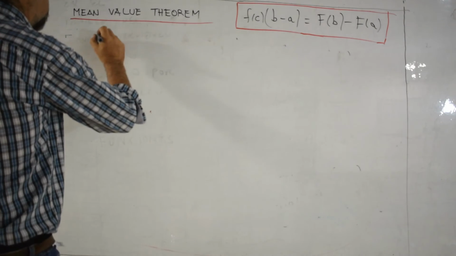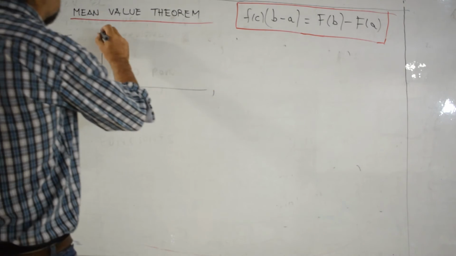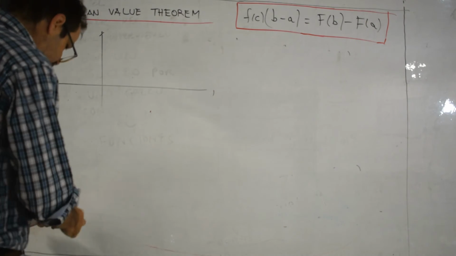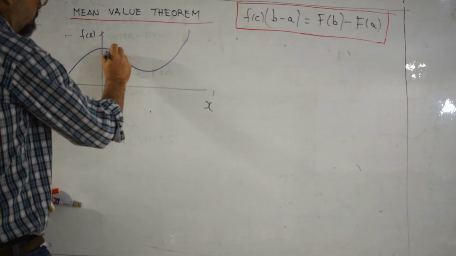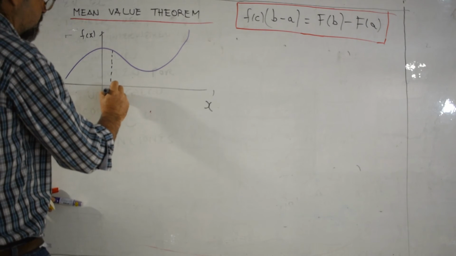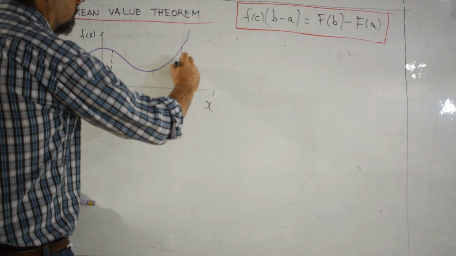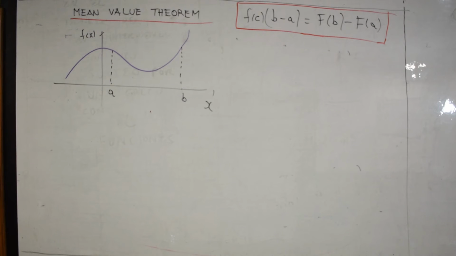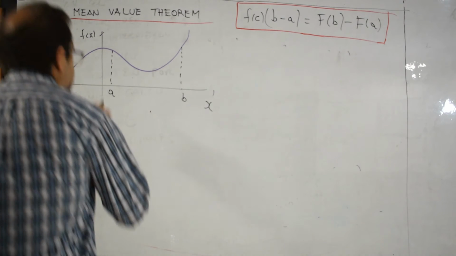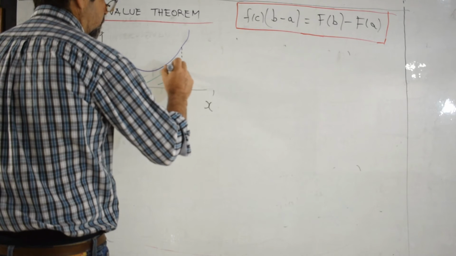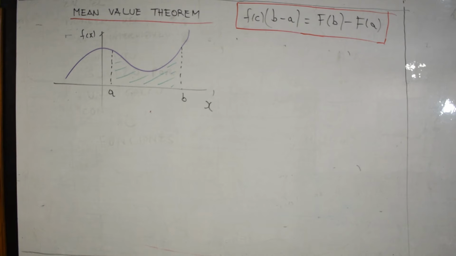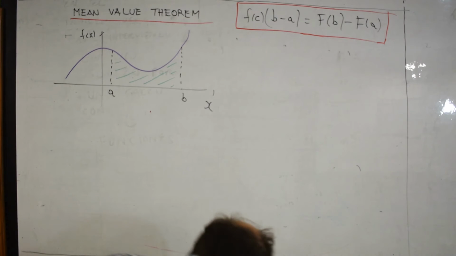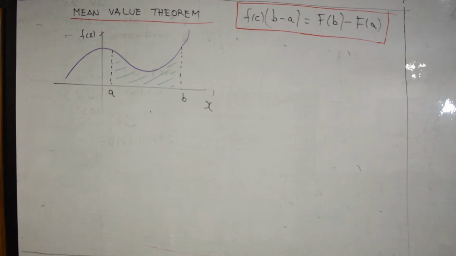Let's draw a random function whose area we want to calculate. And we have here a and here b. Our goal is to calculate the area between the graph, a and b. Let's put it in green slightly. That's our goal. So we can divide the interval [a, b] into equal sub-intervals of the same size.